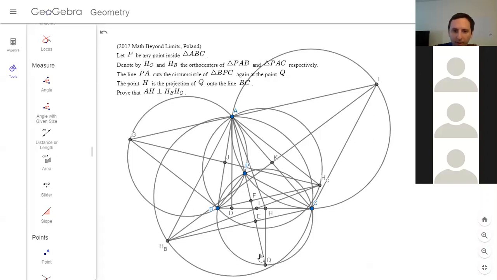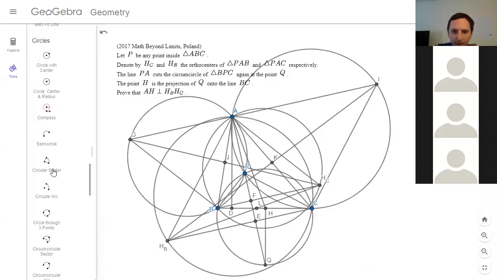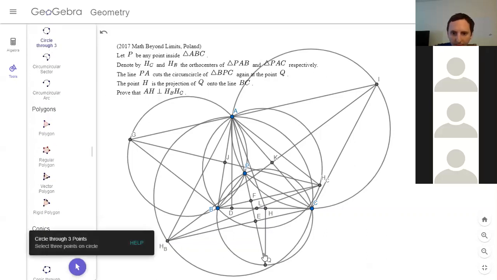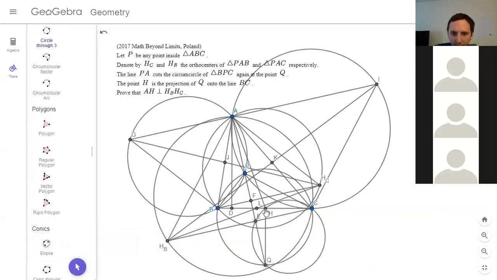Well, wait a sec. I think because we know that this is cyclic, angle AQH is equal to angle ECH. Yeah, so we know that those angles are equal.